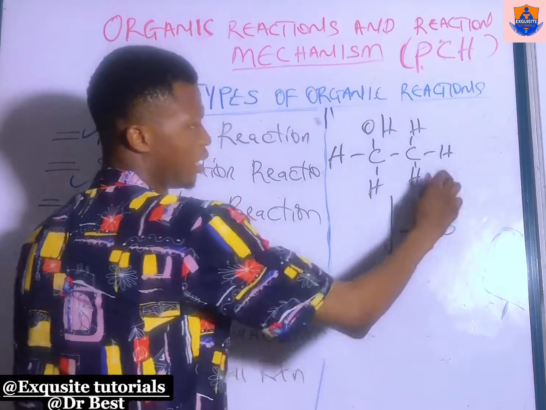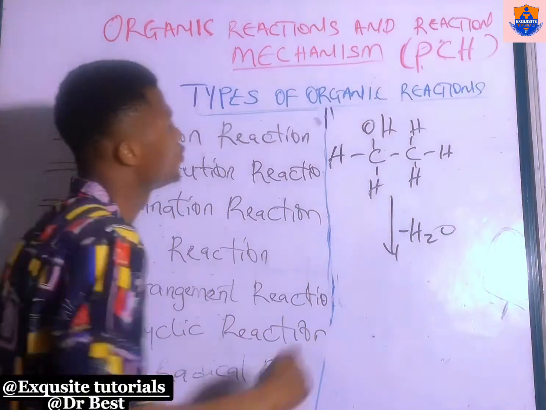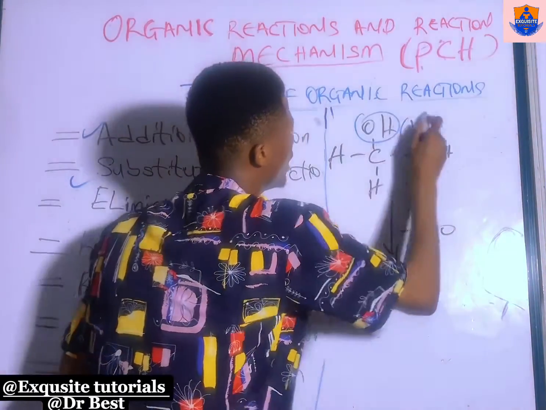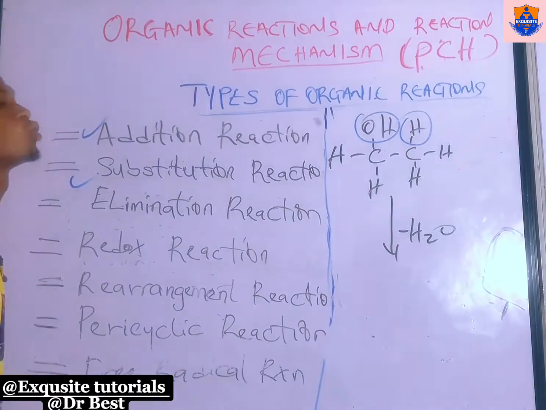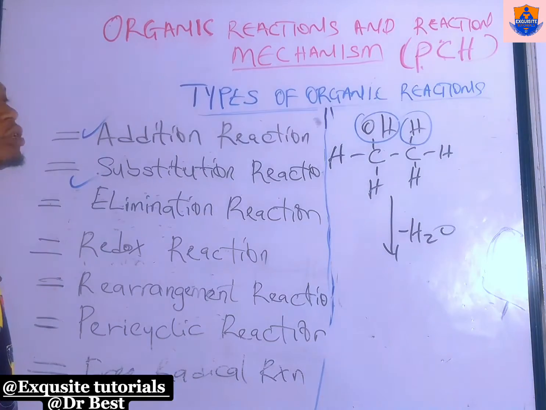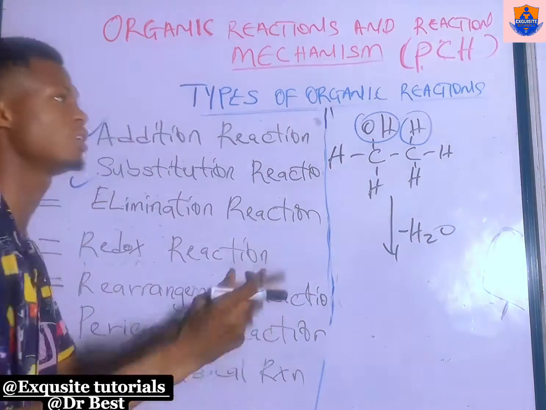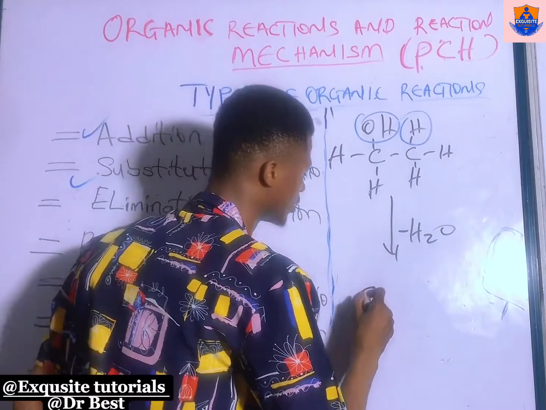I want to remove water from this compound. I don't need water in this compound. So I'm going to remove this and this. I'm going to eliminate hydrogen and hydroxyl group, which is together water, to give me another compound entirely. That is elimination reaction. I did not substitute, I did not add, I only remove. So this will give me this.